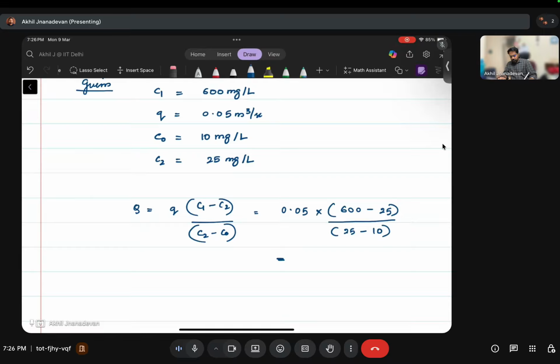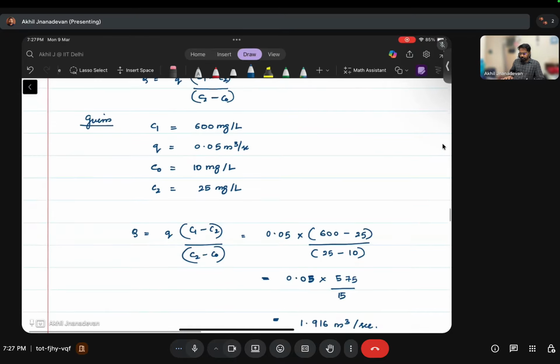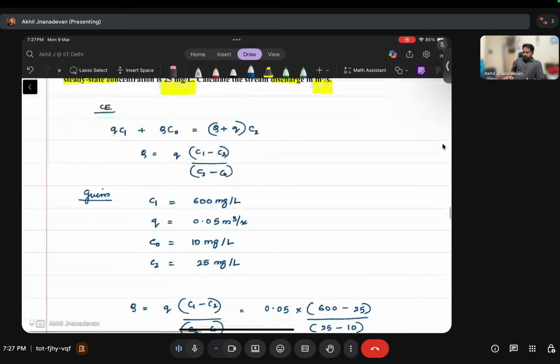So this will be 0.05 into numerator 575 divided by 15. That will come out around 1.916 meter cube per second. Okay, so this is direct substitution.